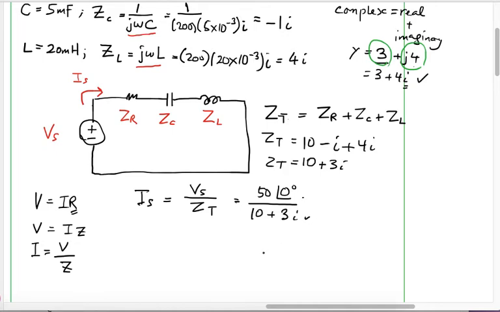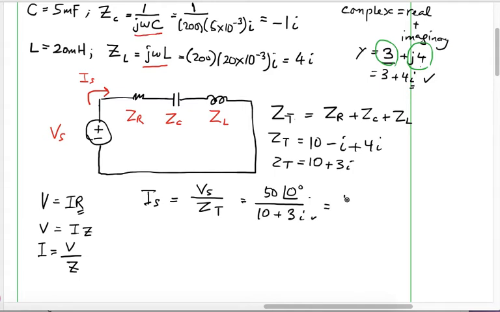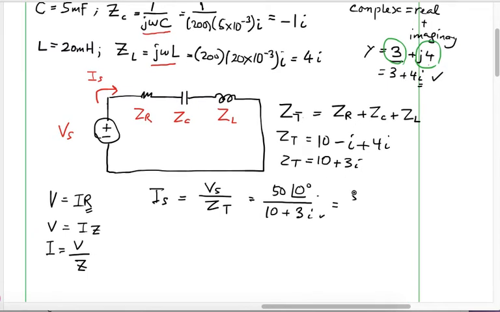For example, if I want to change this complex number into a phasor, using your calculator, 50 angle 0, and change this 10 plus 3i into a phasor, you're going to get 10.44 with an angle of 16.7 degrees.